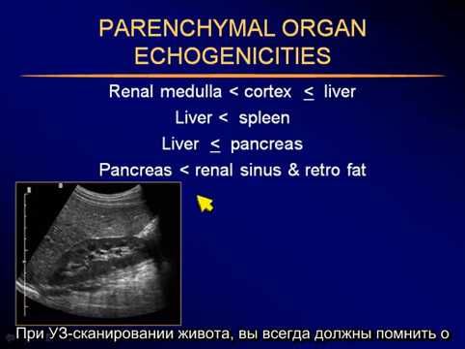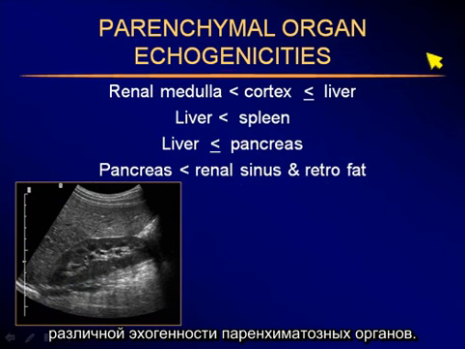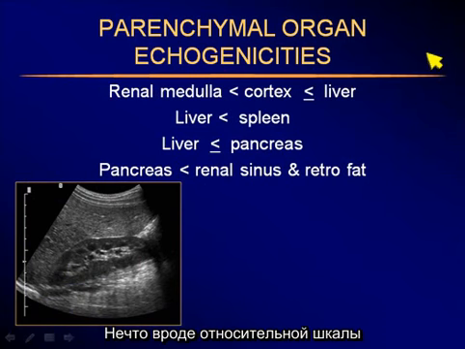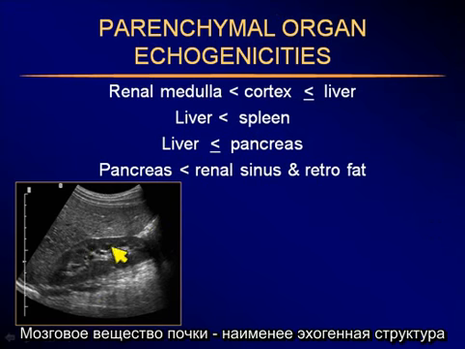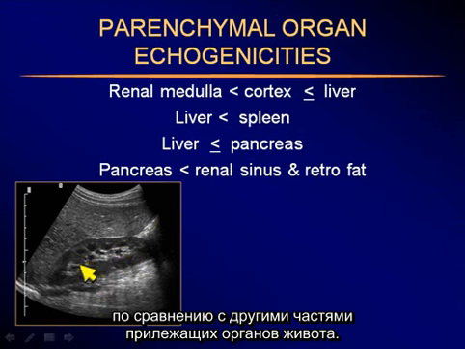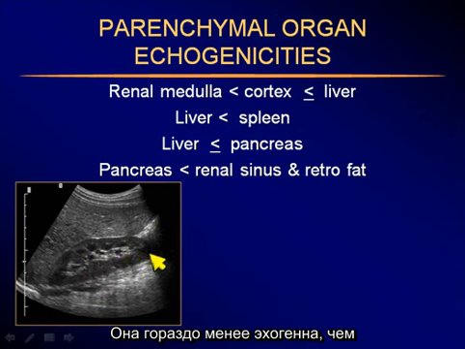Now, as you scan the abdomen, you should always have in mind the different parenchymal organ echogenicities and have a kind of relative scale in your mind of the different echogenicities. The renal medulla is the least echogenic of all the parts of upper abdominal organs.